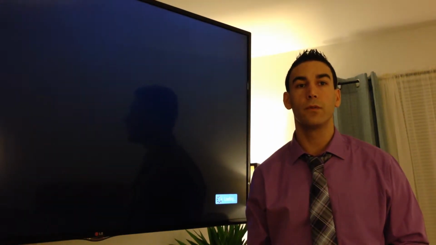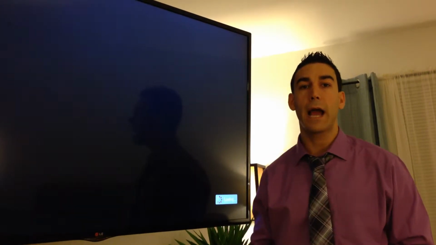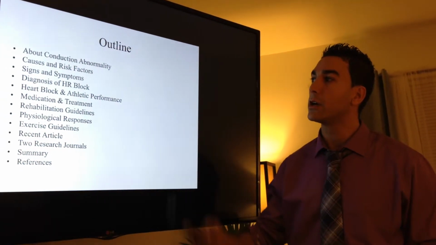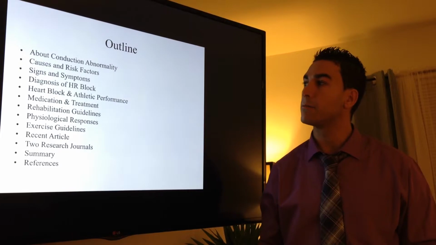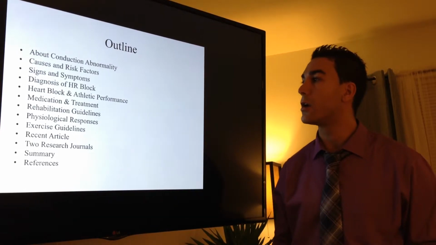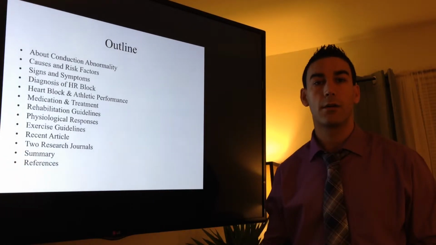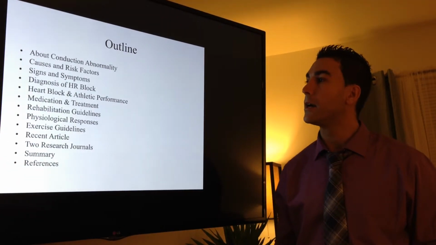Now, as we go through the next slide, I have the outline prepared for you to see as far as the conduction abnormalities, causes and risk factors, signs and symptoms, diagnosis, heart block, and athletic performance. As I mentioned earlier, it is for younger athletes.